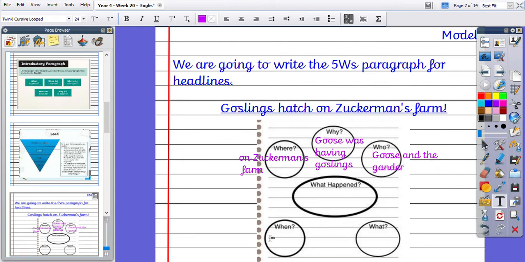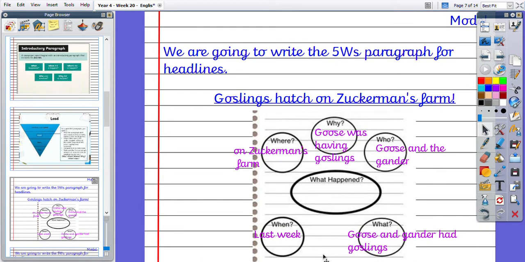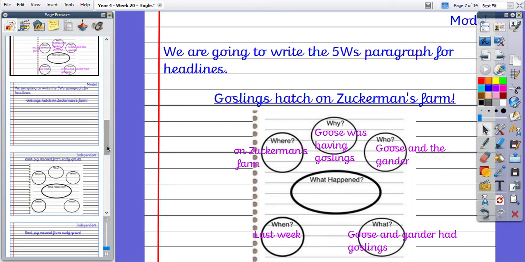And we know it happened, so we can say it happened last week if we were writing a newspaper article. And what happened? Okay, so the goose and gander had goslings. Okay, so now we've done that, we can write this into our paragraph.